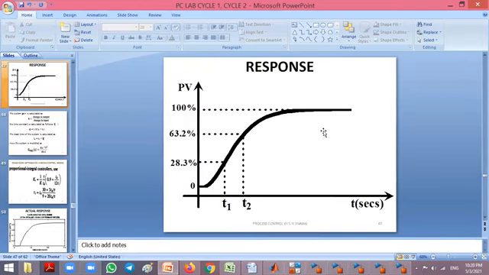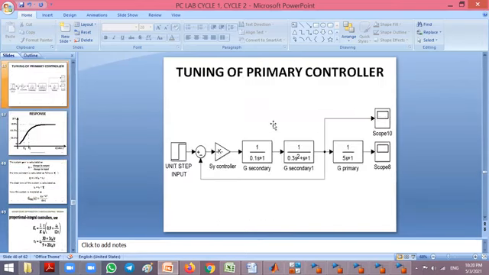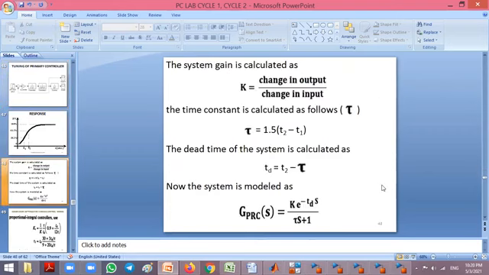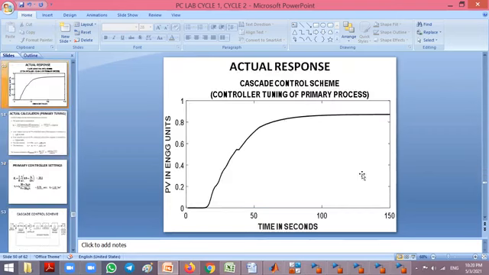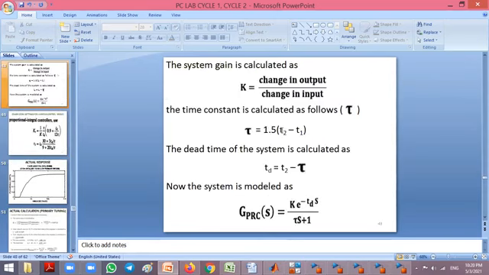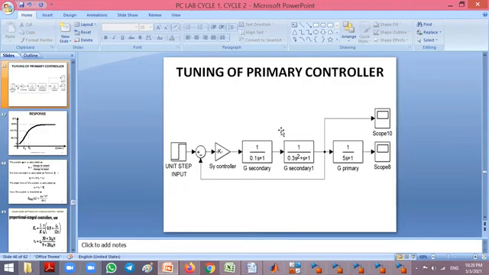Why will it not settle at 1? Because here you have a closed loop condition. So even though you give 1 as the input, the process will not settle at 1. The maximum value will settle at some other value, so 0.83. To note that down, you have to give 1 meter here.